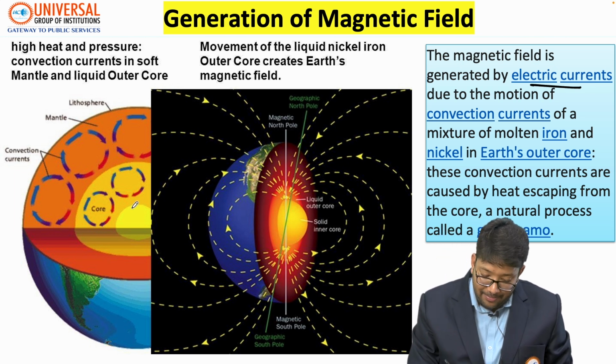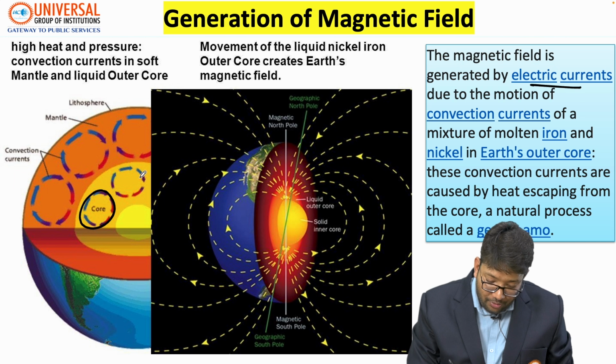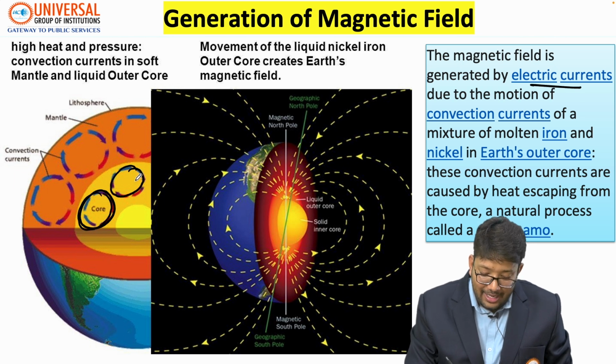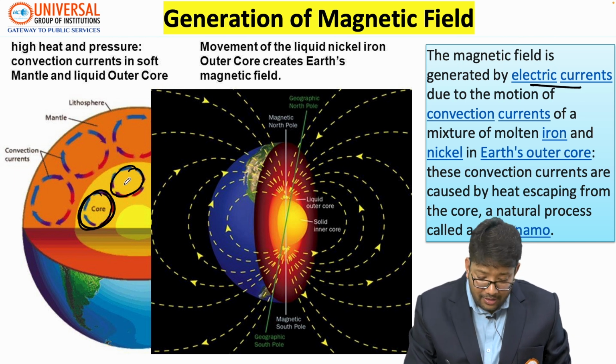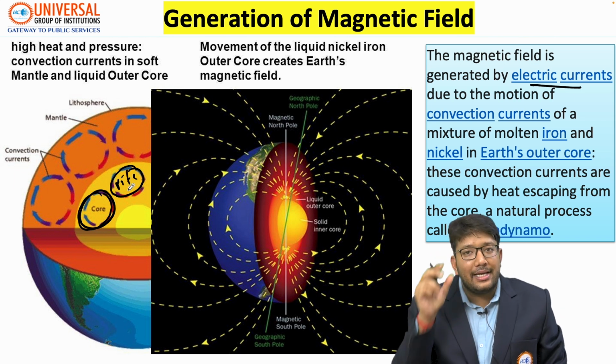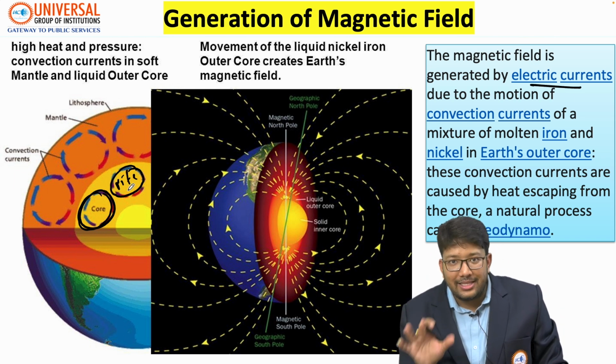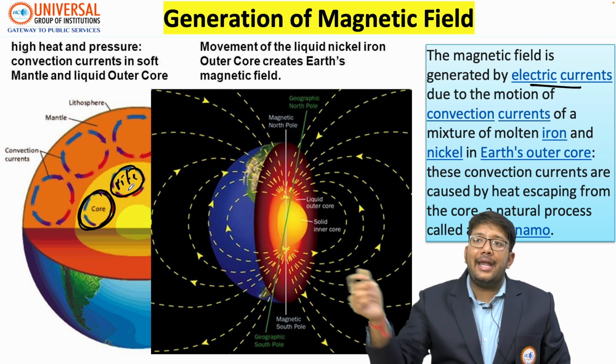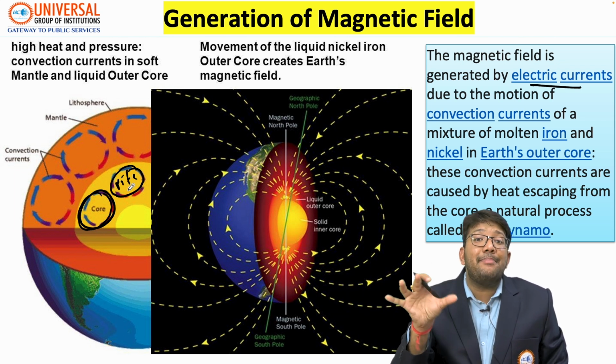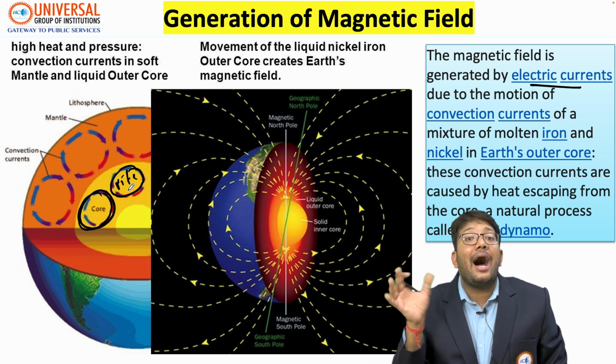So basically what is happening, beta, this is the outer core and this area of the Earth contains Nife. Nife means nickel and ferrous, and both are in liquid form, and these are the magnetic materials along with iron also.